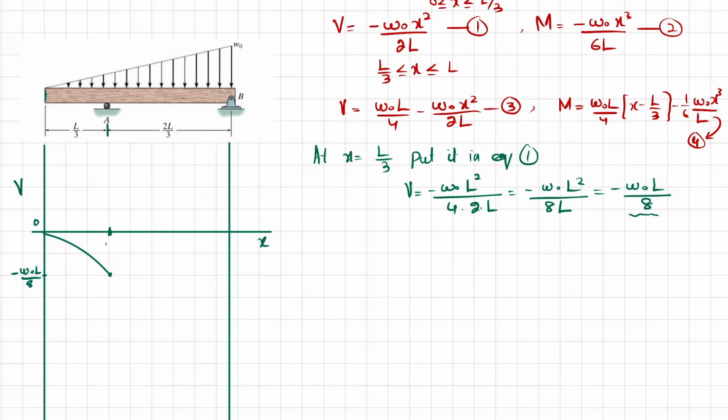Now at point A you have a reaction RA which is equal to W naught L over 4.